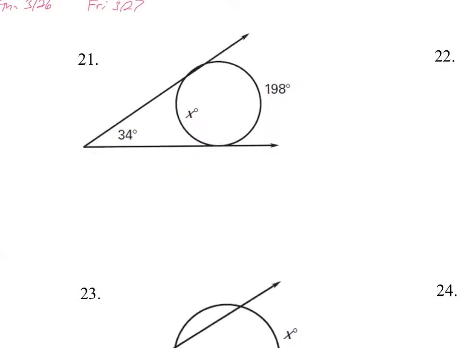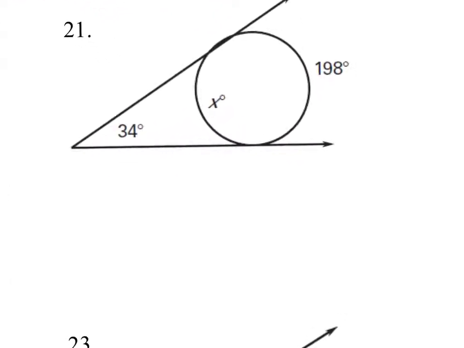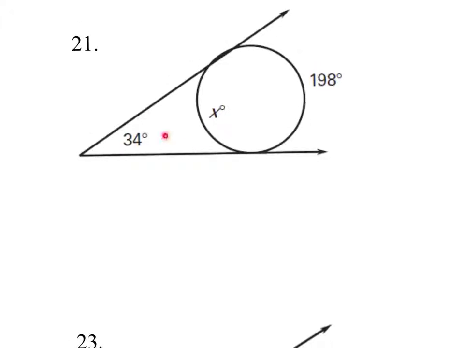Okay, so in 10.5, which was all about angles, we have another theorem that describes this situation. If you have a secant and a tangent, or if these are both secants, or if they're both tangents, what happens is you have this outside angle formed, 34, and that's going to be equal to 1/2, and then you're going to take these two arc measures, in this case 198 and x, and you're going to subtract them.